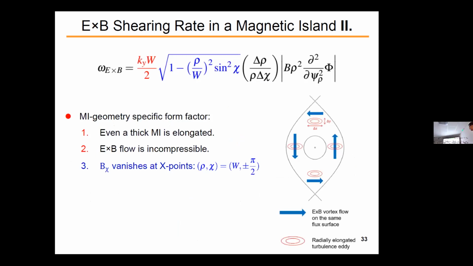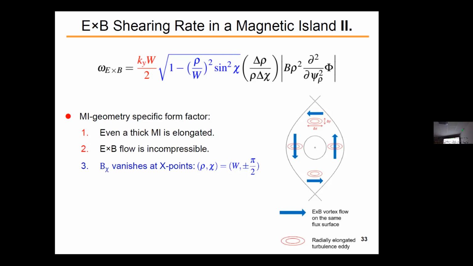So as far as the first factor is concerned, this is basically the magnetic island radial width over the local minor radius times the poloidal mode number. So even a very thick magnetic island in a tokamak is still elongated in the y direction compared to the x direction.